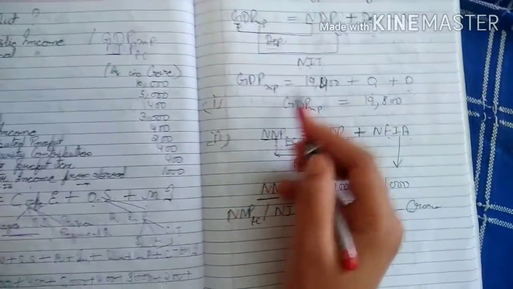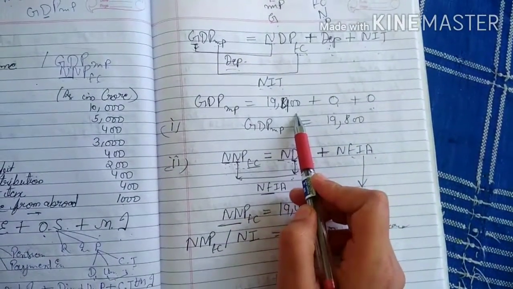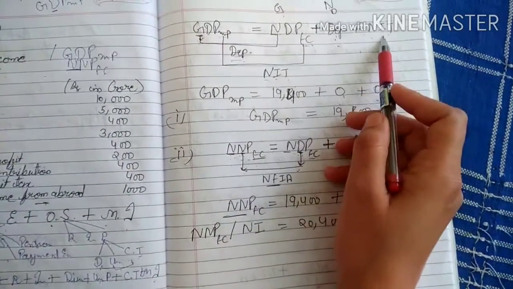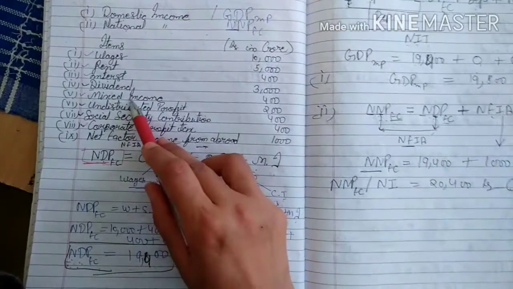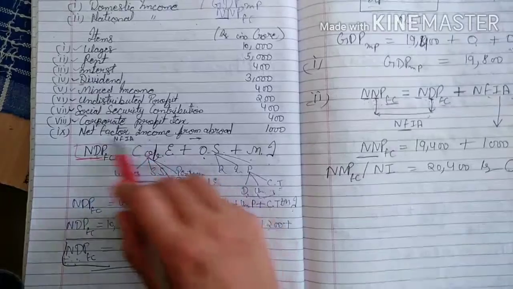After that, NDPFC value we have 19,400. So here I put 19,400 value. Okay, now we want depreciation value also and NIT value also. See in your question, is depreciation value given? No. Is NIT value given?